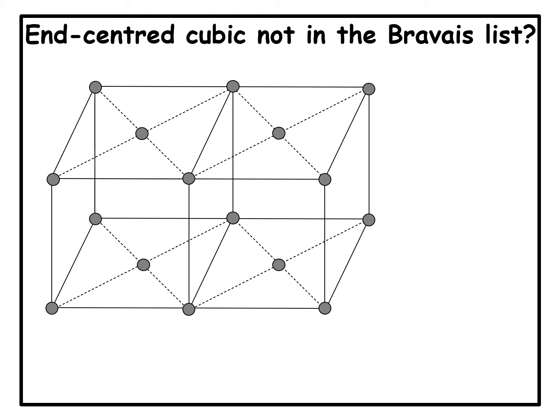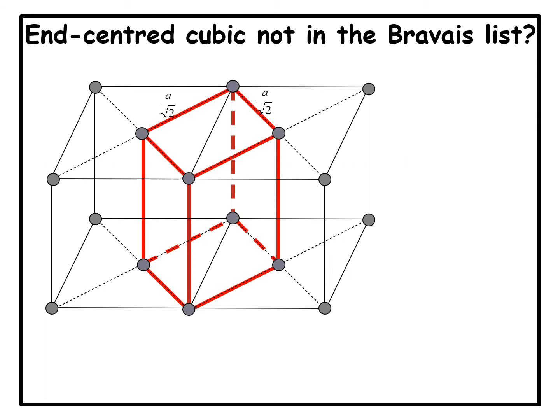Now, if you look carefully, you can carve out this red unit cell out of the original lattice points. And if you look carefully at this red unit cell, the two sides on the top face are actually equal. Both of them are half face diagonal of the original cube.